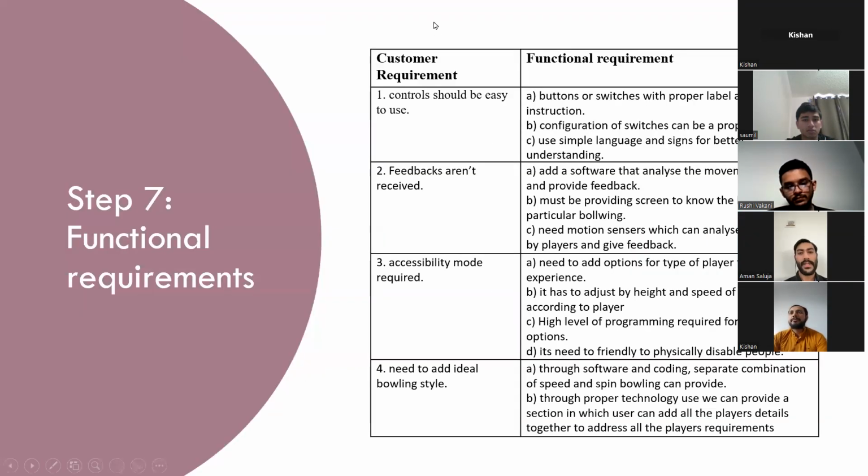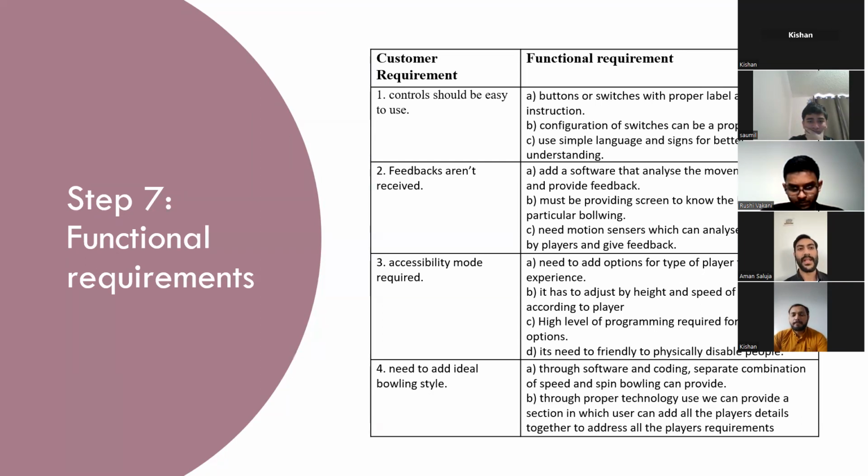So the next step comes as functional requirements. Here we are going to discuss what improvements we can consider so that our product can stand out from the existing products in the market. Basically, what we found is that some of the customer requirements are that controls should be easy to use because we are catering to different age groups of people so that they can properly navigate the machine.